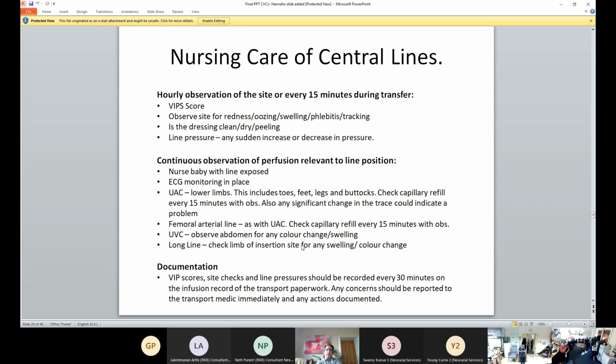There is a picture in our transport notes that you can use to identify where the lines are and document the length of those. It's also important to document how many centimeters the line is in, so that you can check in case the line has moved during the transfer. Check that any line is secure, so for the long line, check that the dressing is secure, and for umbilical lines, check that they're also secure with the sutures and the tape.